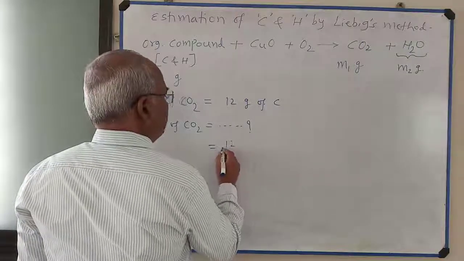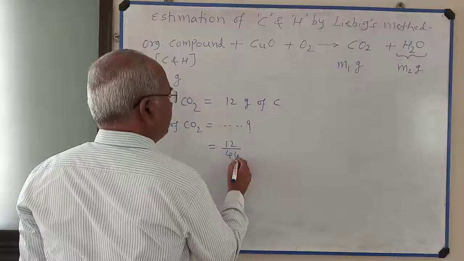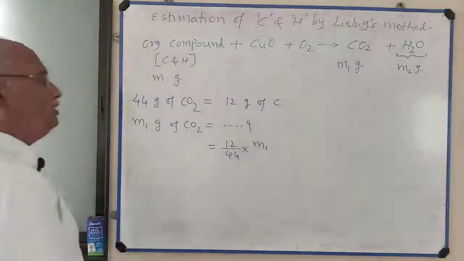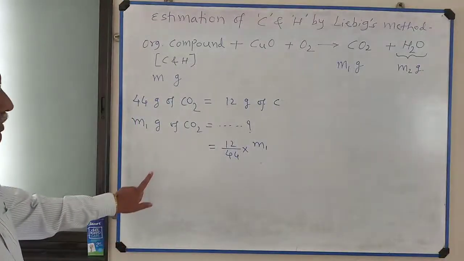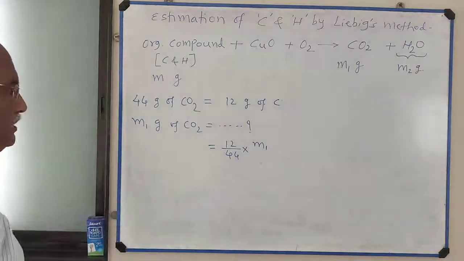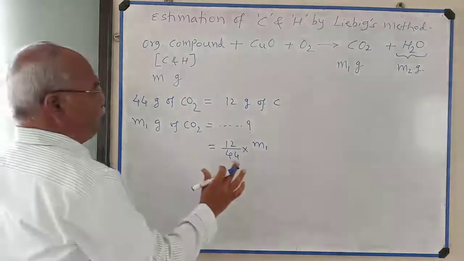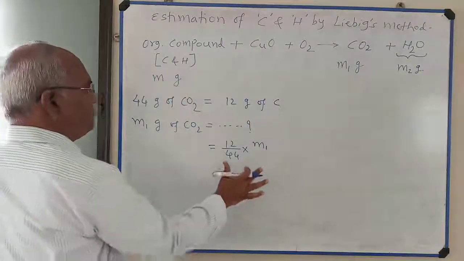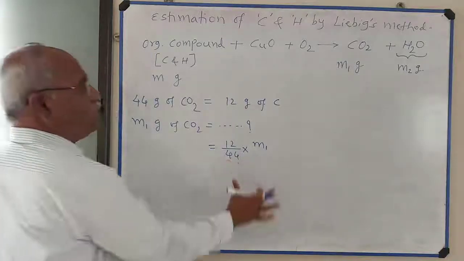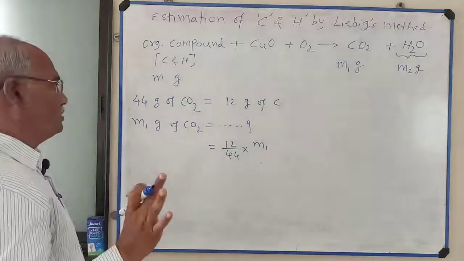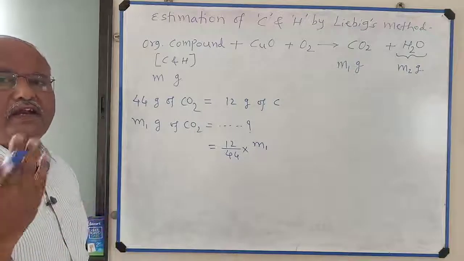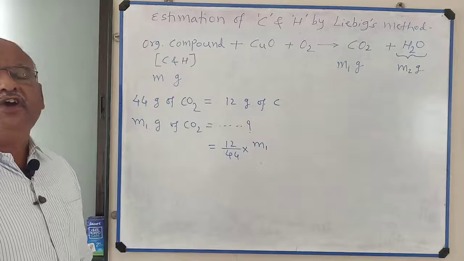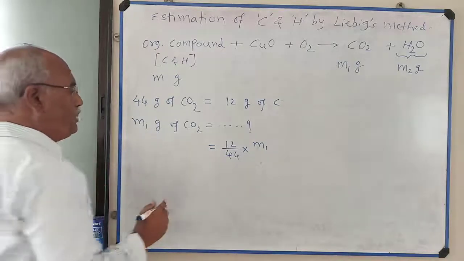That is equal to 12 upon 44 into m1. Now you see, if m gram of compound contains this much amount of carbon, then 100 gram of organic compound will contain how much carbon? That is what we are going to find out.